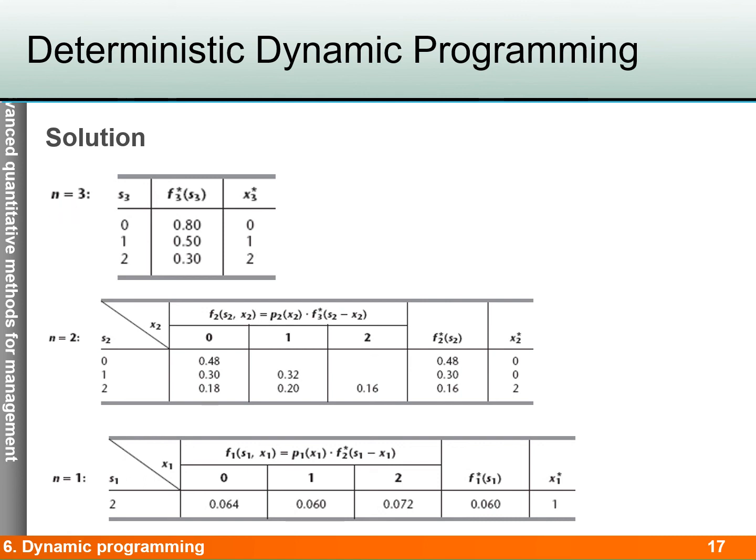So we should look at table 11.2: assigning 1 scientist to team 2 is 0.4, multiplied by f3*(1), that is 0.5. So 0.5 multiplied by 0.4 gives us 0.2.